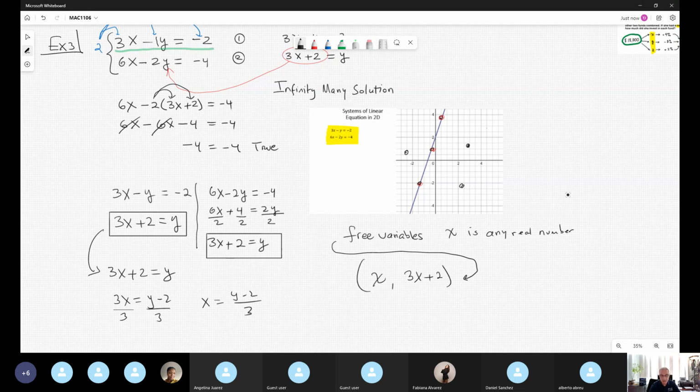So an equivalent answer is ((y minus 2)/3, y), and y again is a free variable. Free variable, guys, is because actually we have infinitely many points. So one variable is any real number and the other is dependent on it.